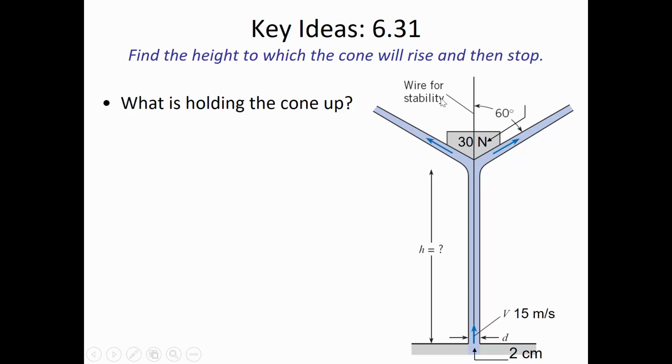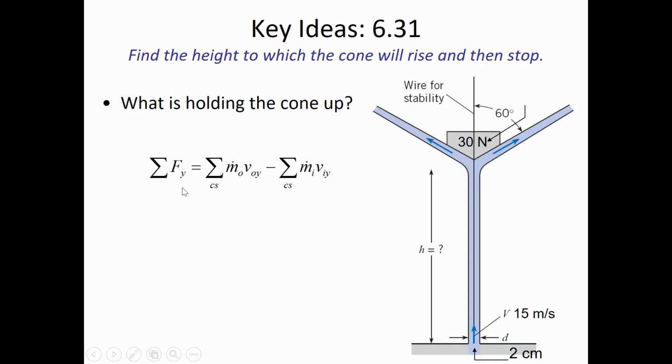So this cone is being held up by the water. The water is imparting an upward force to the cone. The weight of the cone, of course, is down, and the water is holding it up. So it's the impact of that jet that's supporting the cone in equilibrium.